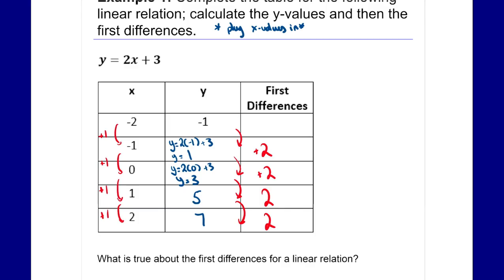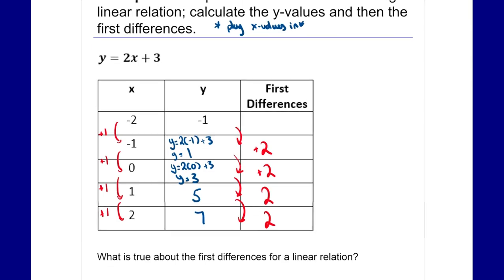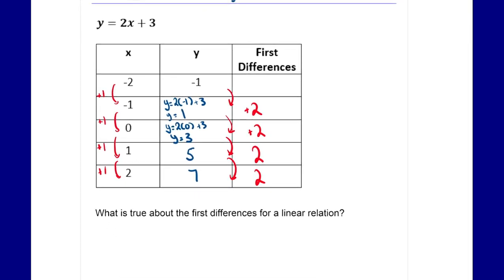This is one of the ways that we can check to see if a relationship is linear. Because what do we notice about the first differences for a linear relationship? We should notice the first differences are all the same. They're all the same values, so they're all 2.